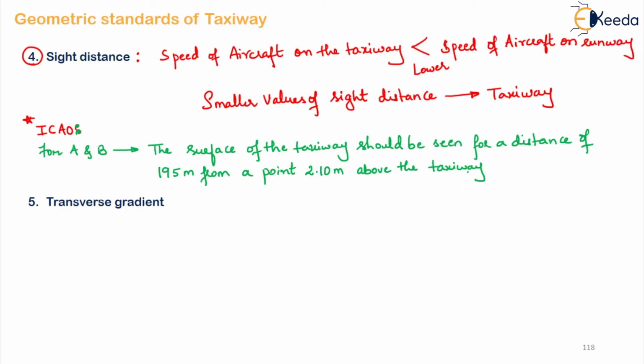So basically, if you are 2.1 meters above the taxiway and you are seeing the surface of the taxiway for a distance of 195 meters, this should be okay for your airport type A and B.